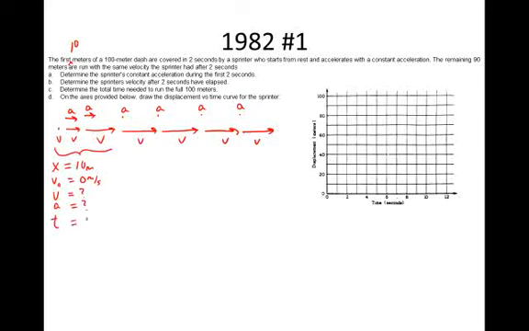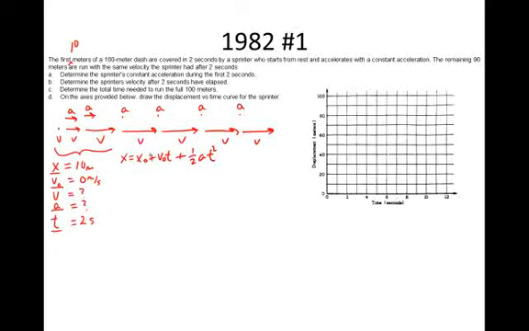The time we do know is 2 seconds. So let's underline the 3 things that we know, and the 1 thing that we're looking for, which is the acceleration. So that equation will have to be X is equal to X initial plus V initial T plus 1/2 AT squared.